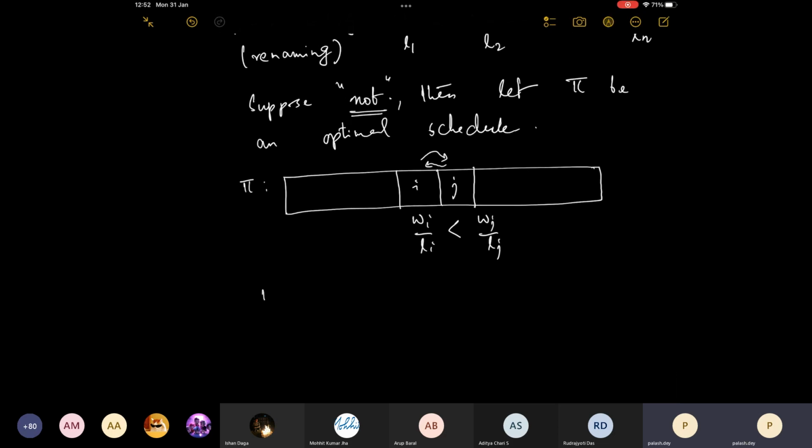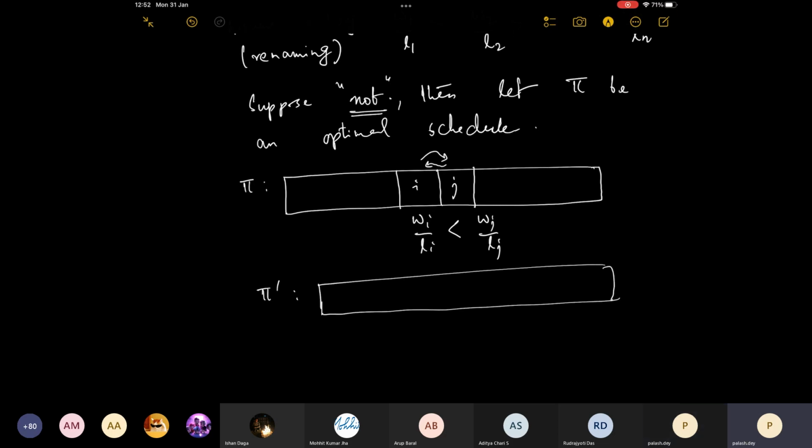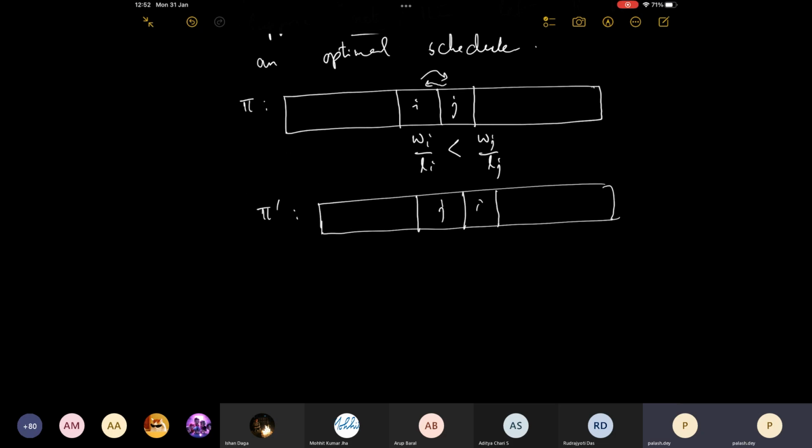So let's consider pi prime. Everything is the same as pi, just exchanging I and J. Let me write C for cost. C of pi prime is the cost of pi prime. Can someone relate the cost of pi prime with the cost of pi?